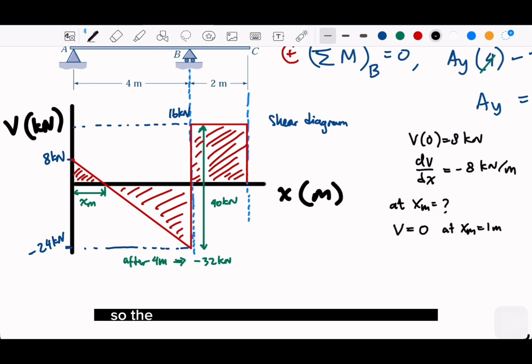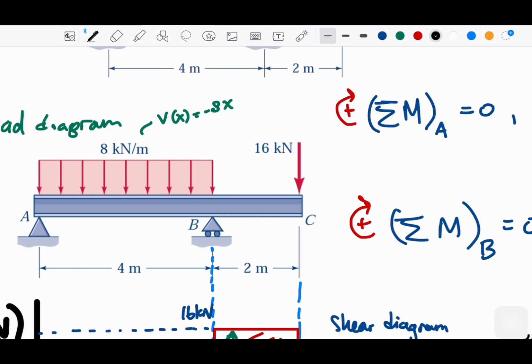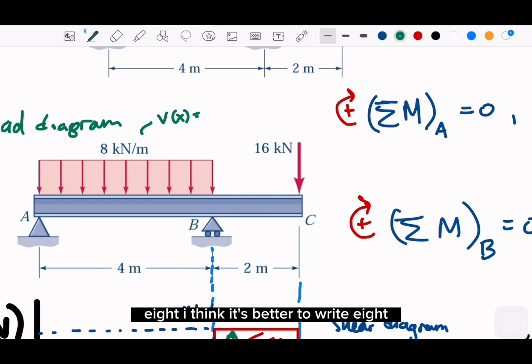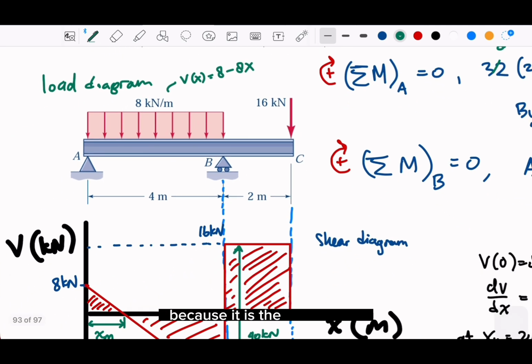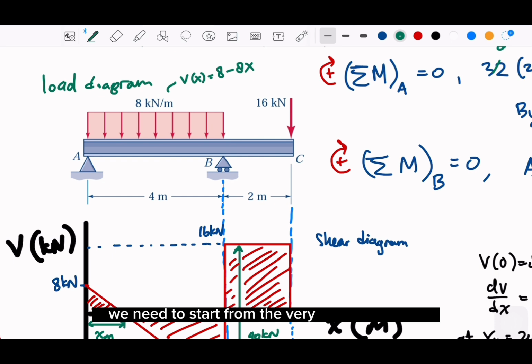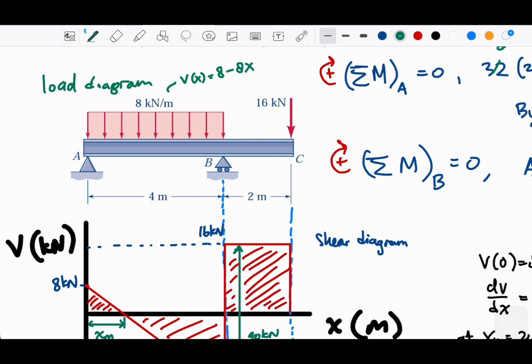So I think we can write the whole function. It's not just -8x, it's probably 8. I think it's better to write 8 minus 8x, right? Because 8 is the initial value. If you have only this loading, then you can think -8x, but for the whole function, we need to start from the very beginning here and start from 8.